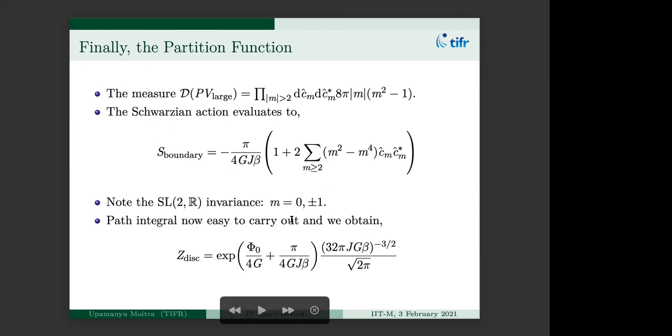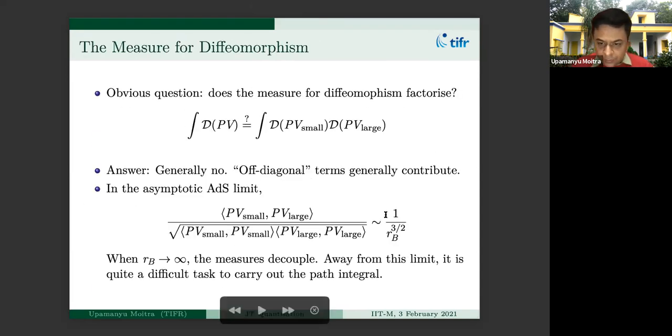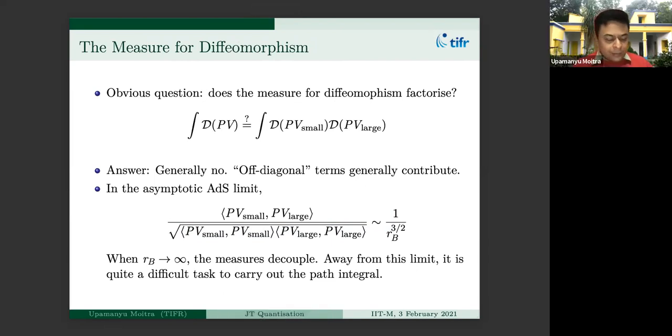Actually, this limiting process, I am not understanding. What is that limit? The limit where you separate the small versus large. Yes, this RB becoming large. So we deal with some fixed mode number, as Oyanda was putting it in the language of UV and IR. With the fixed mode, we take the IR limit first, taking RB going to infinity, and then we take the UV limit.